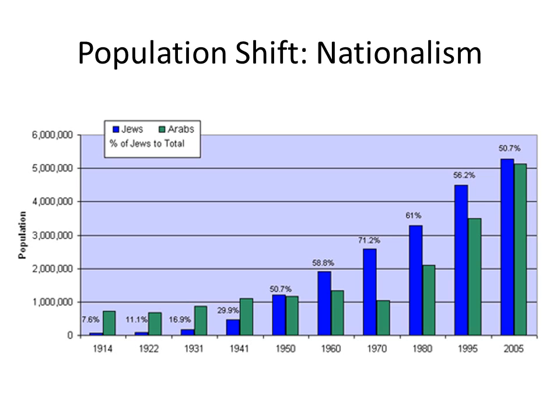And then the numbers of people, both Jews and Arabs, in that region increased, and the percentage of Jews increased, so that by 2005, 50.7% of the people living in Palestine were Jewish, and almost the same percentage were Arabs.